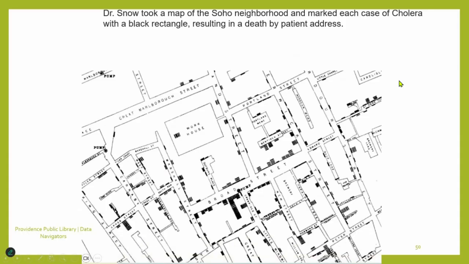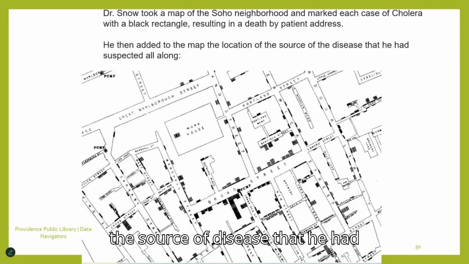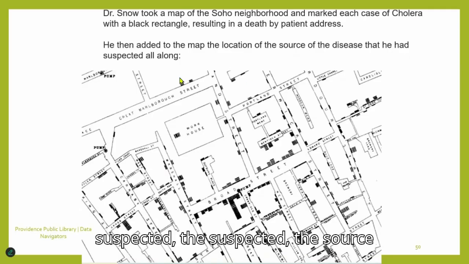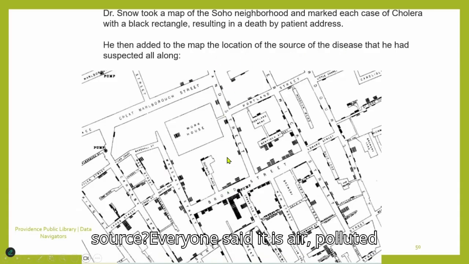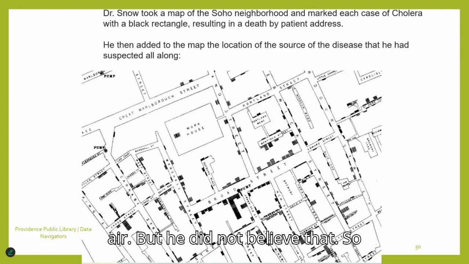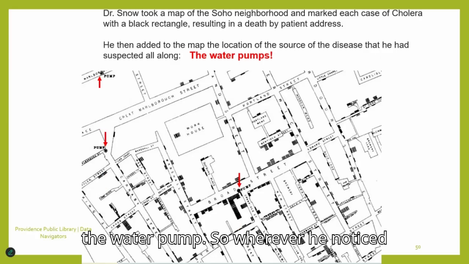And then he added to the map the location of the source of disease that he had suspected. The source of suspicion. So what is the source? Everyone said it is air, polluted air, but he did not believe that. So he wanted to prove his theory. See here, the water pump.